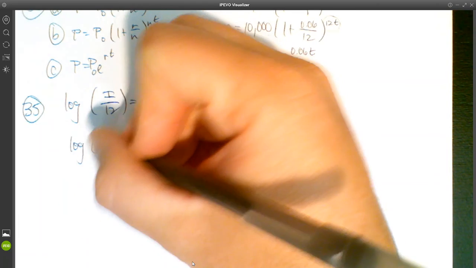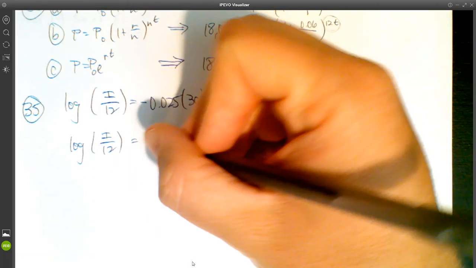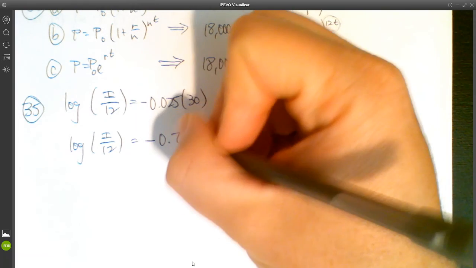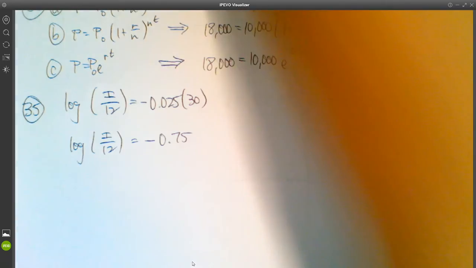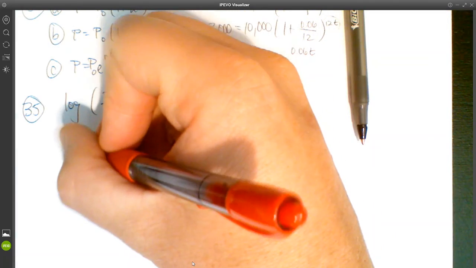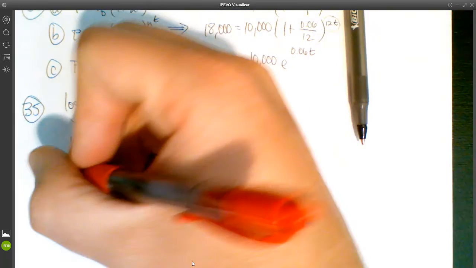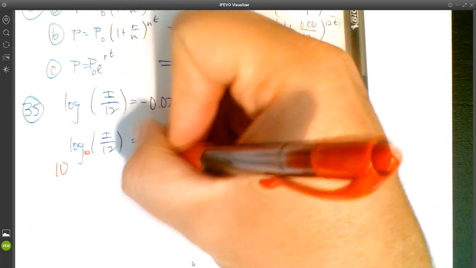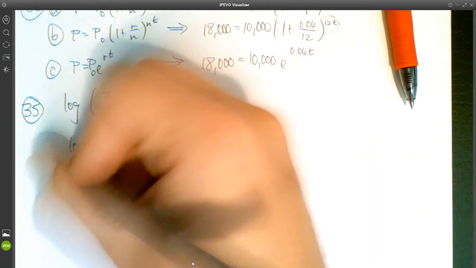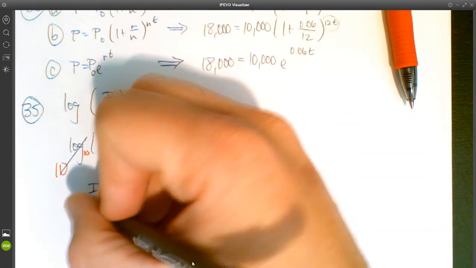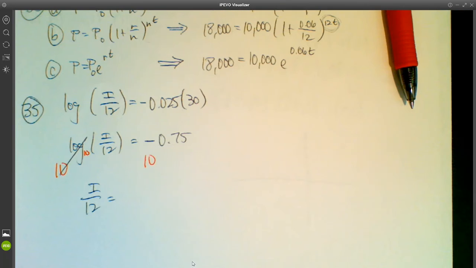So we have log of I over 12 equals negative 0.75. And now this is a log base 10. Remember, when there's no base written, it's assumed to be a 10. So I'm going to exponentiate by 10, and that's going to cancel the logarithm. I over 12 equals 10 to the negative 0.75.